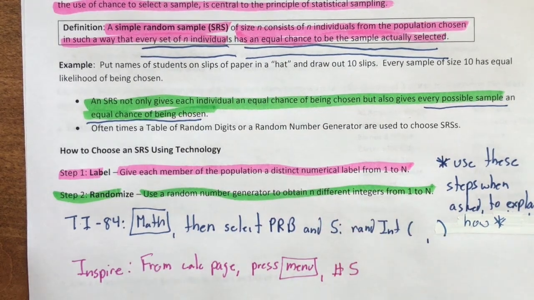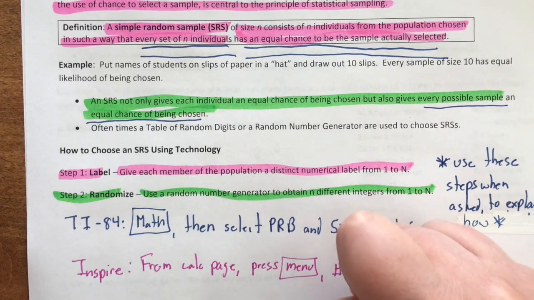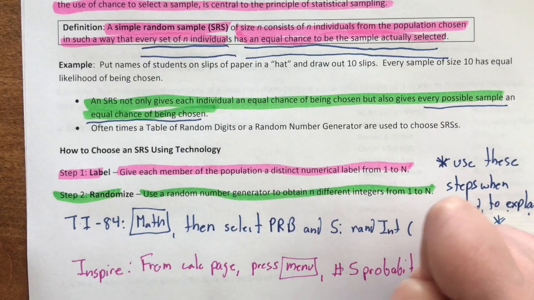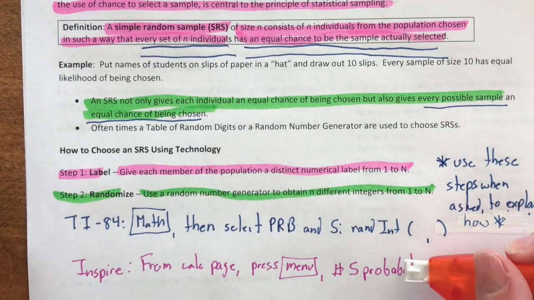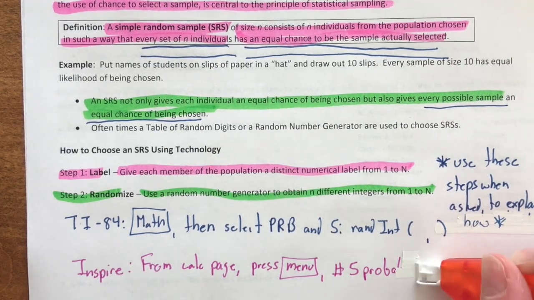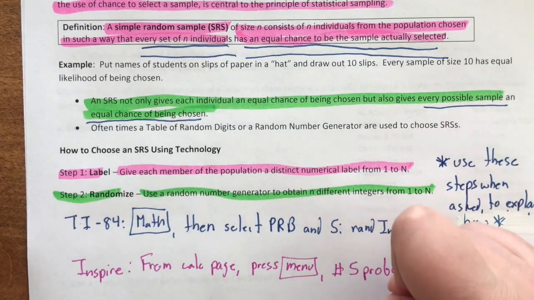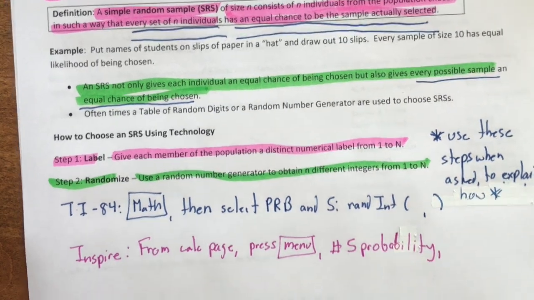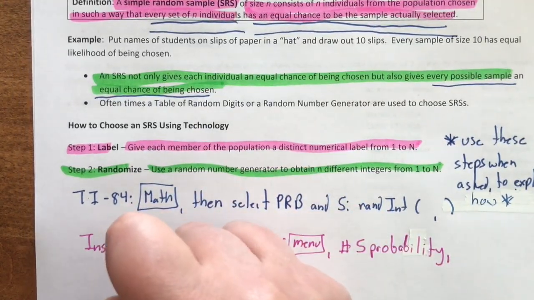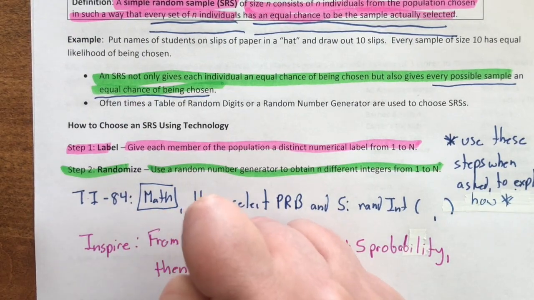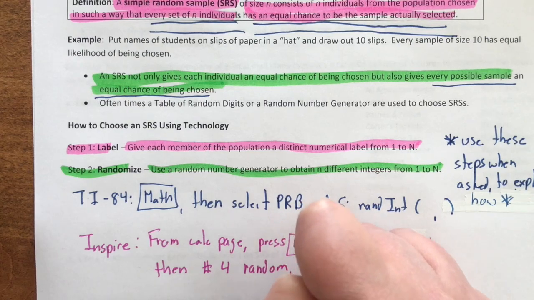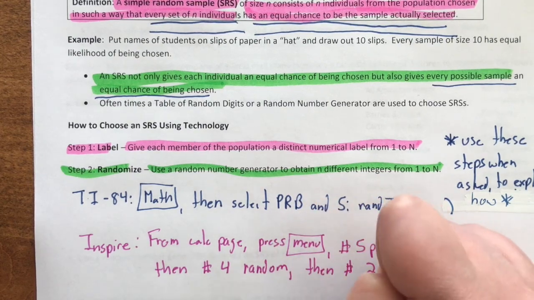Number 5, probability. Then number 4, random. Then number 2, integer.